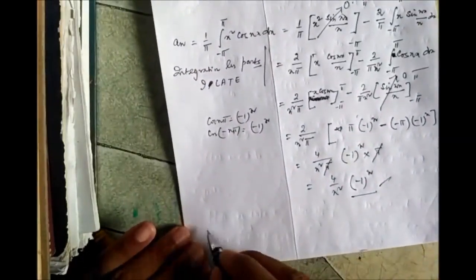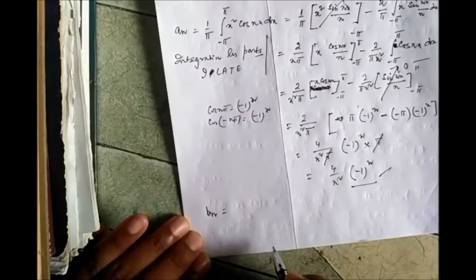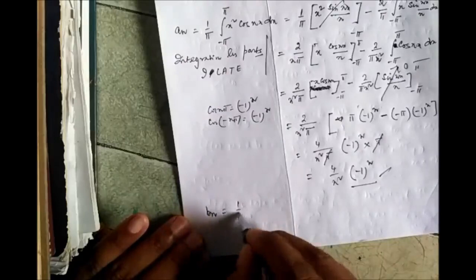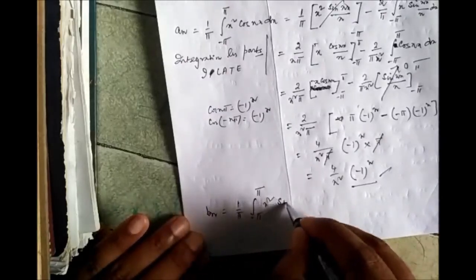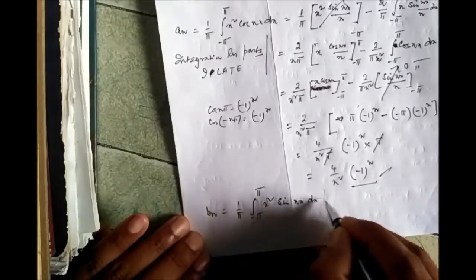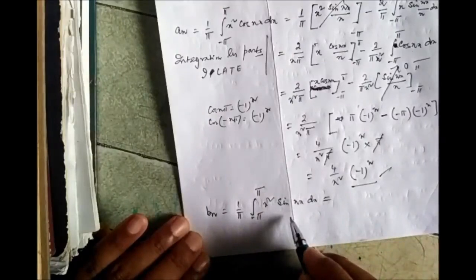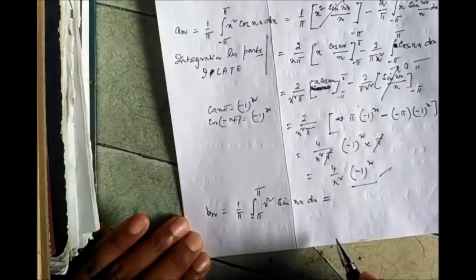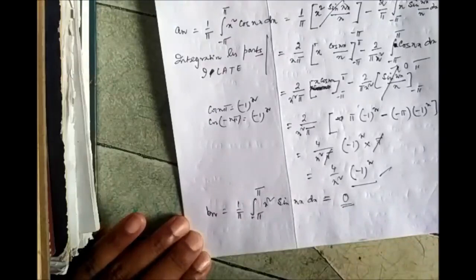So what is the value of this bn? bn will be 1 upon pi, integral from minus pi to plus pi of x square sine nx dx. If you integrate these things by parts in the similar way as I showed here, you will get the value of bn as 0.